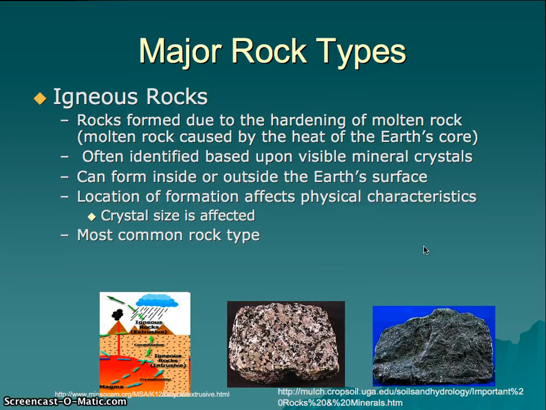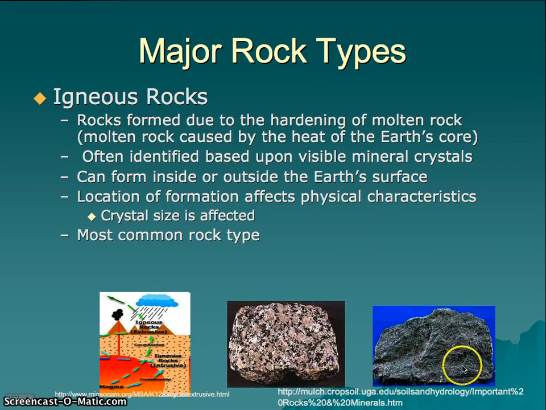So basic information, igneous rocks are formed due to the hardening or cooling of molten material. And the molten rock is caused by the heat of the Earth's core. We identify igneous rocks based upon their visible mineral crystals.